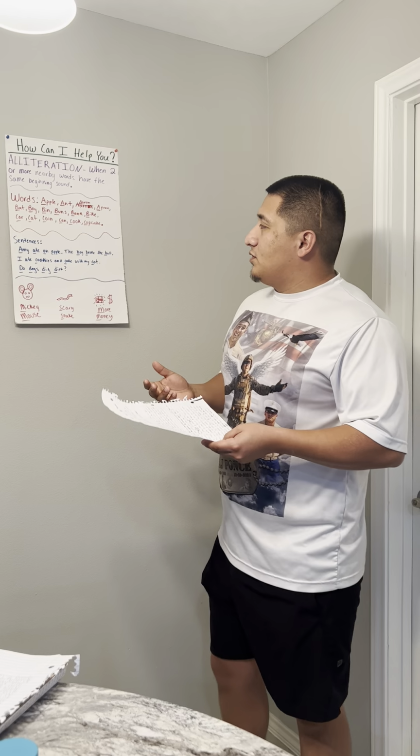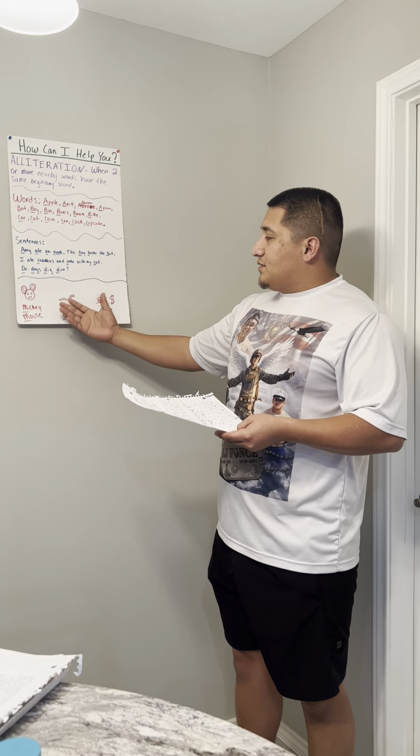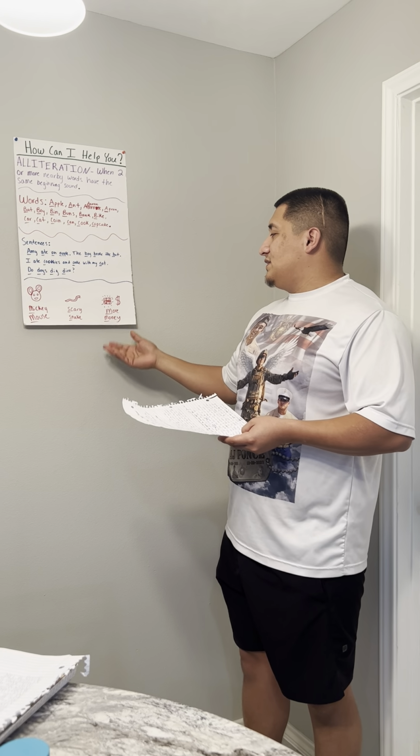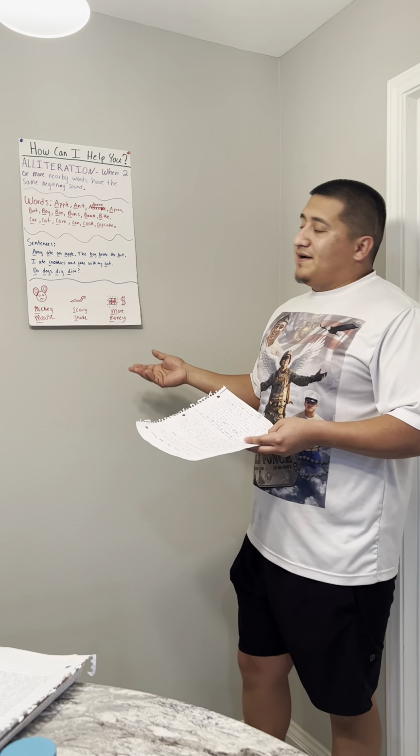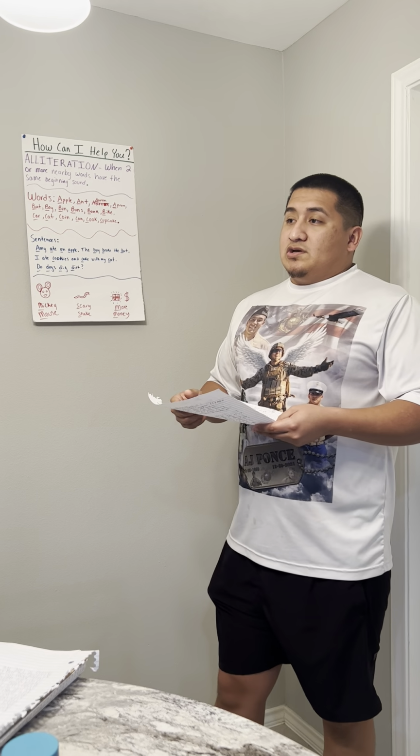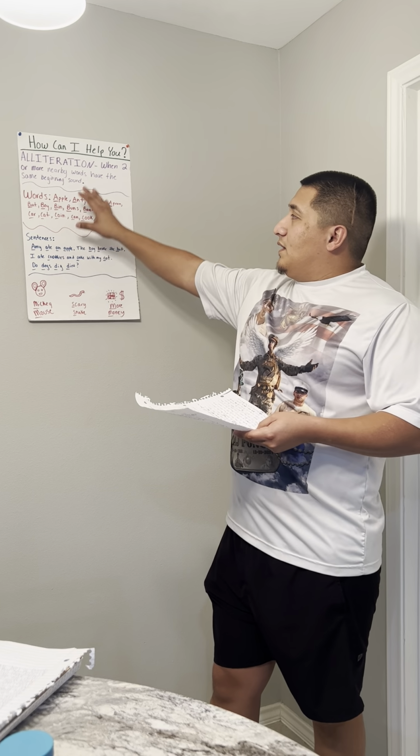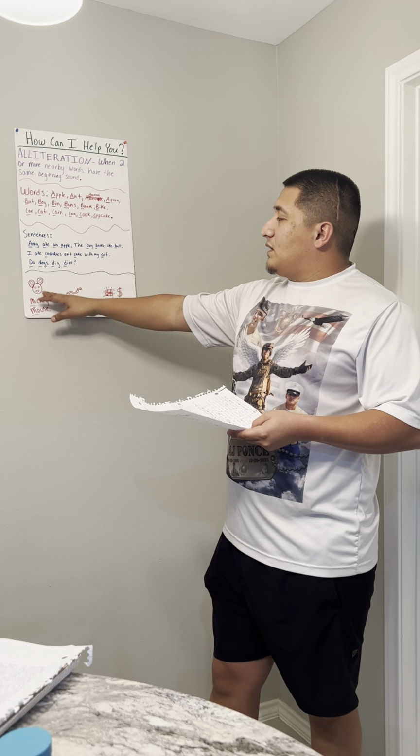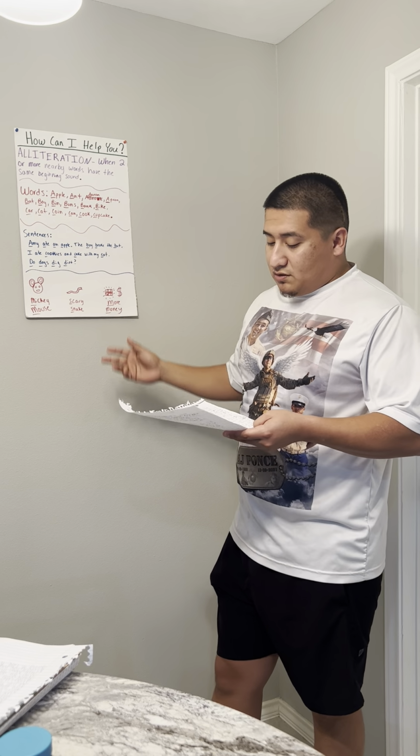And for those who are more visual, I put some pictures here: Mickey Mouse, scary snake, more money. Those are just examples that can also help children who aren't really good with words. They can also be encouraged to use pictures or visualization.